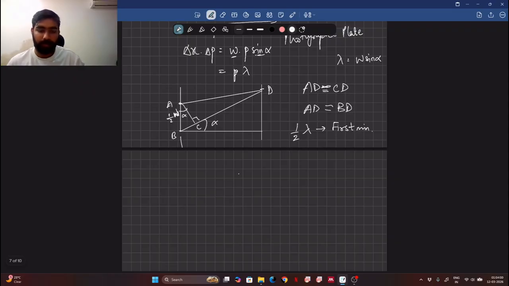So at n equal to 0, we have the formula n plus half lambda, assuming n is equal to 0. So we have half lambda. So this is the first minimum. Okay. And BC is the path difference.